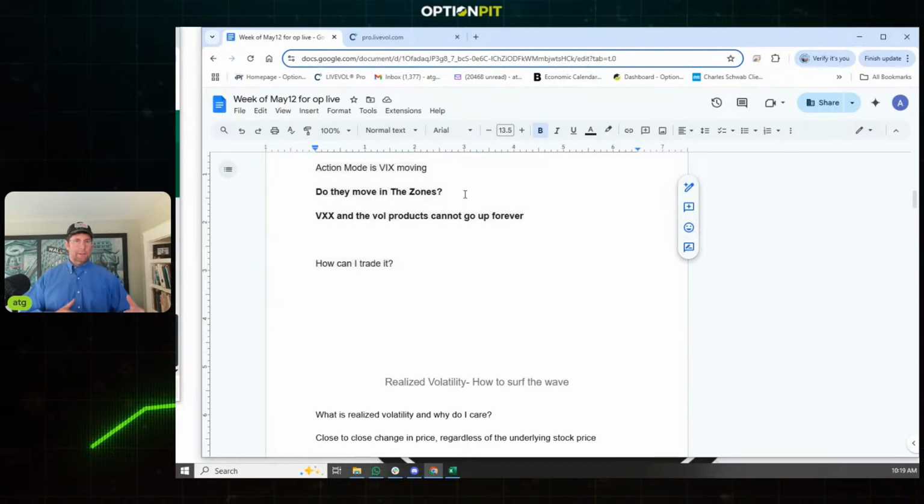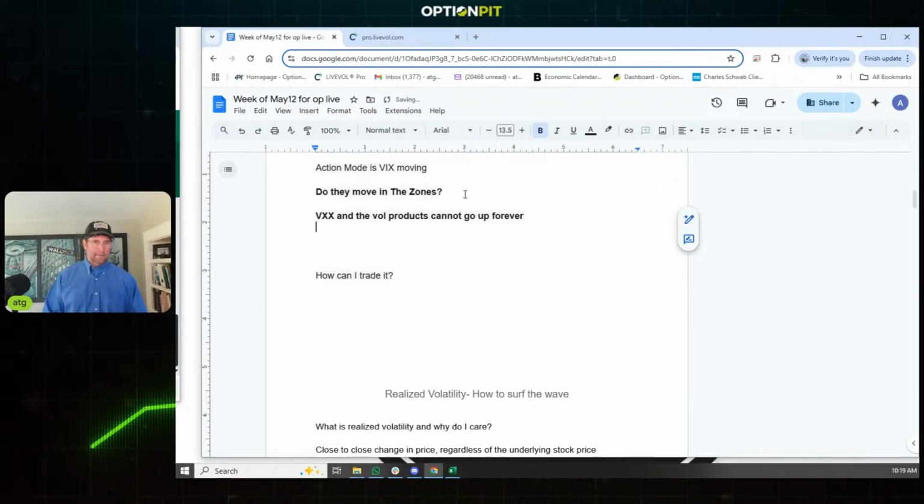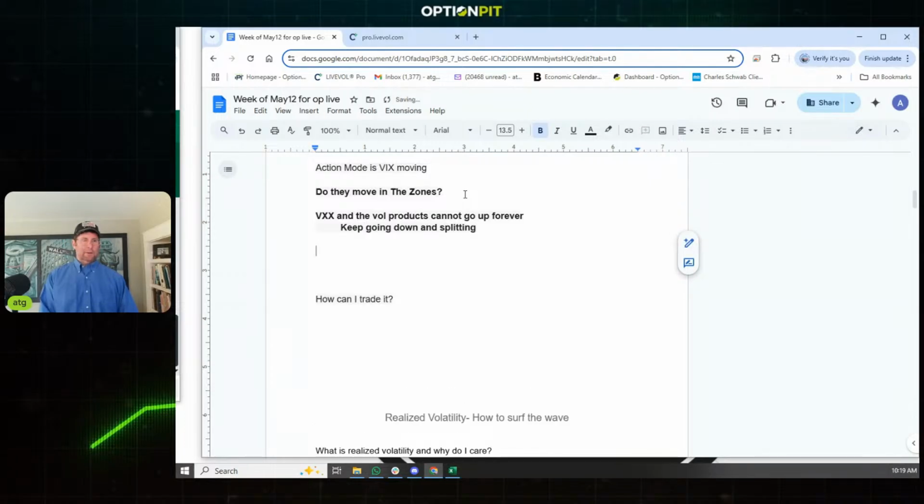So the idea is your VXX and vol products cannot go up forever, and they keep going down and splitting. So basically, you can have a short-term high, but continue to approach zero.